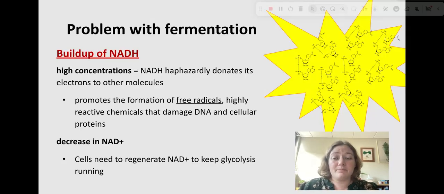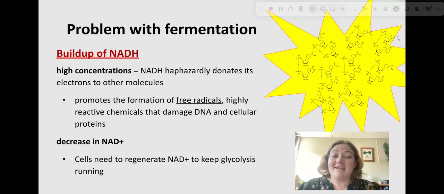Now, this is a problem because at high concentrations, NADH, which is an electron carrier, will start haphazardly donating its electrons to other molecules, and when that happens, it causes free radicals to be formed. Free radicals are highly reactive chemicals that have the ability to damage DNA as well as cellular proteins.